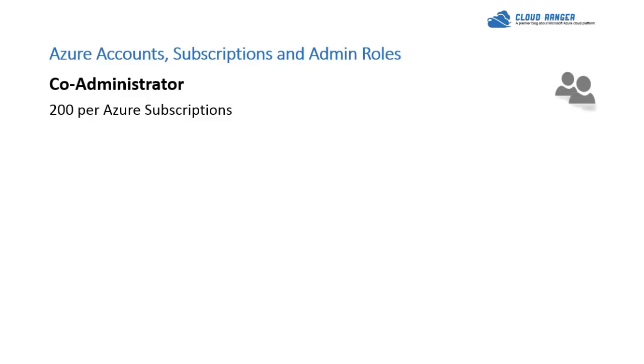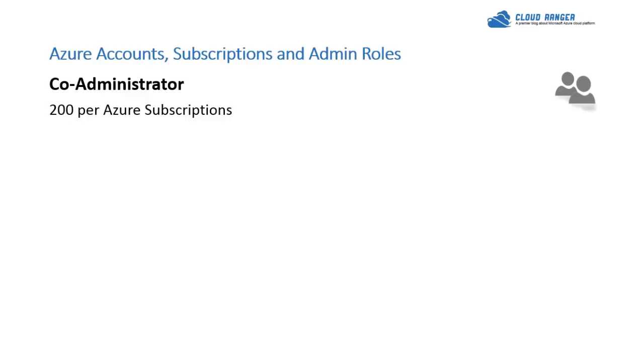So, for example, based on these roles, a co-administrator will be able to go in and do certain things in the Azure Management Portal, for example, creating a VM or creating a network or creating a VPN connection, things like that. And this is more of management of Azure rather than consuming services. So you can have up to 200 co-administrators per Azure subscription because you may have that many IT personnel in your organization, depending on how large you are, who need to go and do their work. And that's what they do.